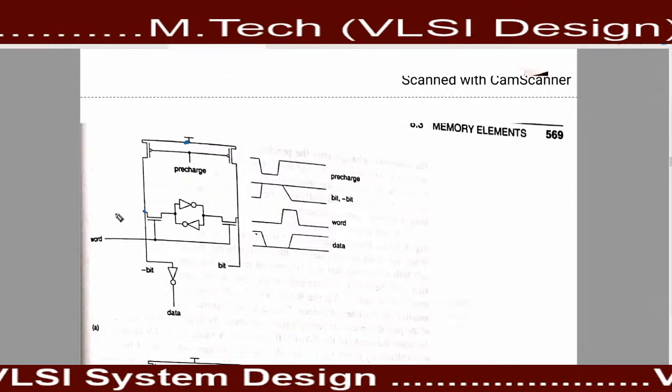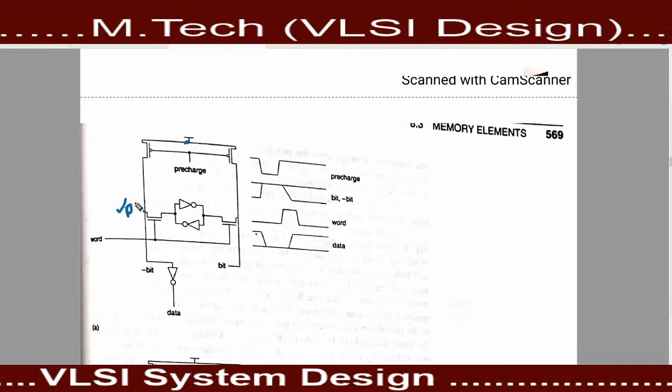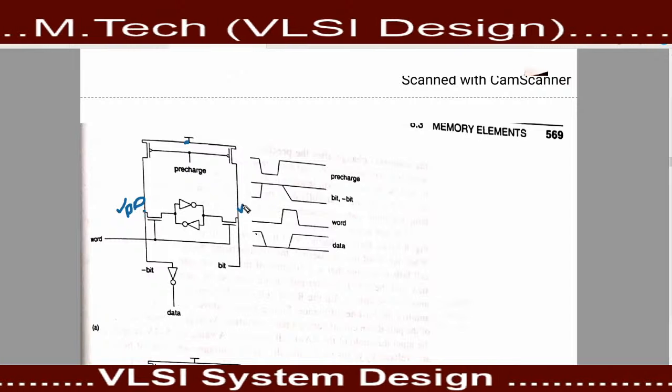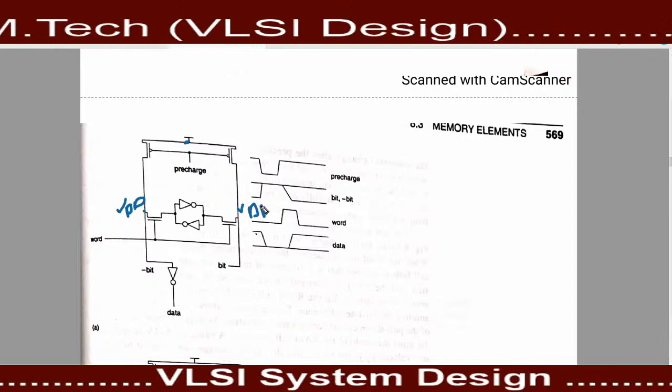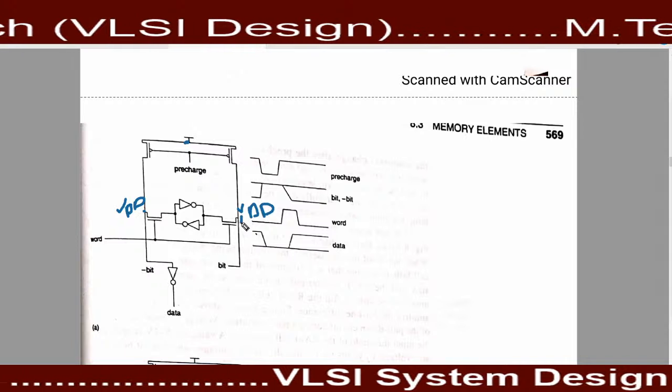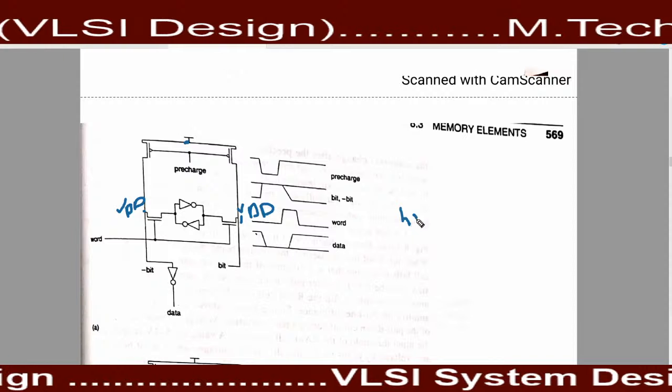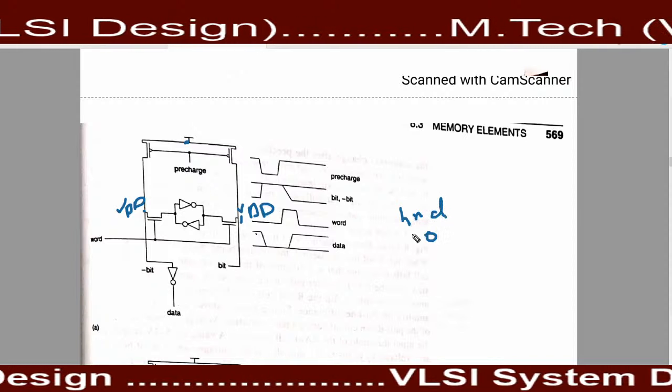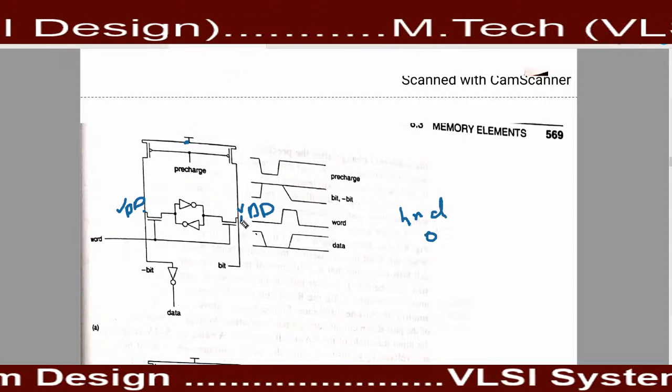That's why the VDD potential occurs here, and the same VDD potential will occur here. VDD means you can understand it as 1, and ground means 0. It means that 1 is present here.